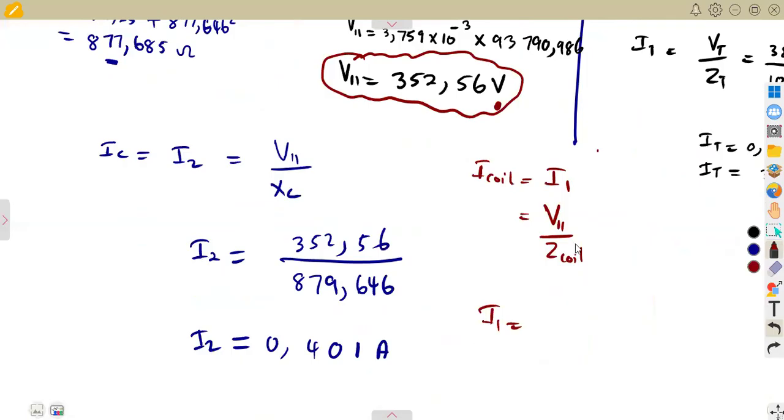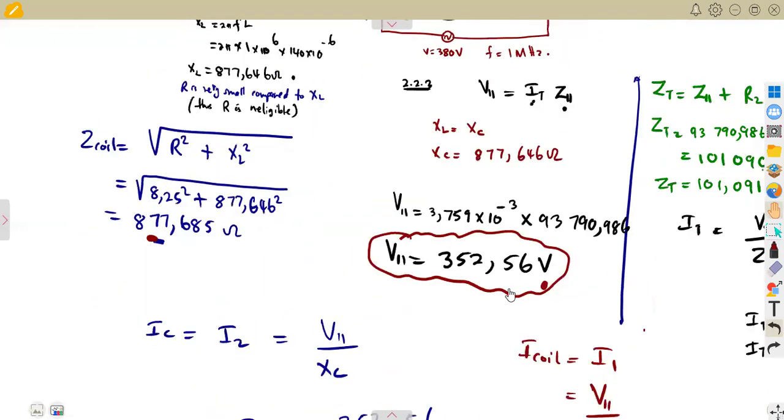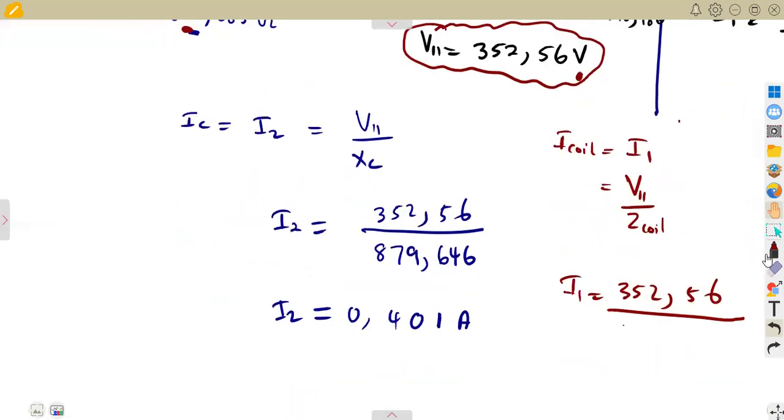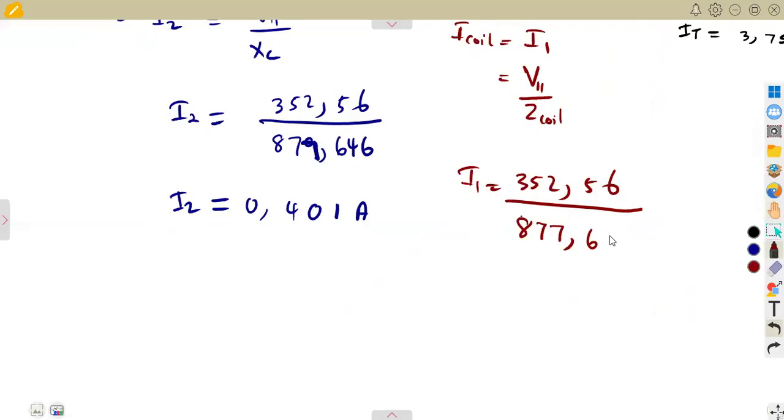So our current 1 is going to be V parallel, 352.56, over Z coil, which is the one that we got, as you can see. Where am I obtaining this? This one is 877, comma, 685. Like this.